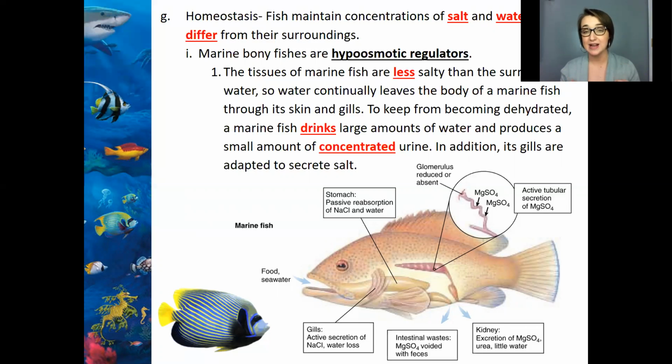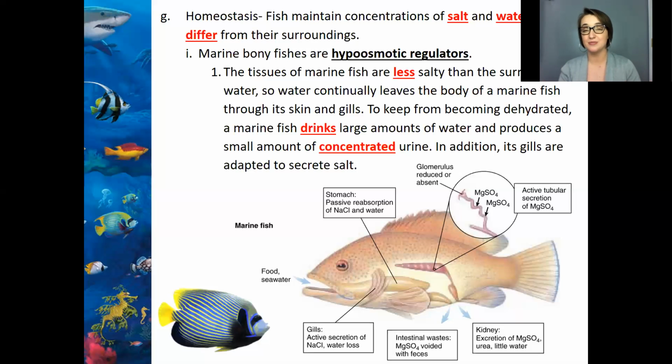They'll actually secrete all that excess water and salt back out into the ocean so that they are staying a lot less salty than the water they're actually swimming in. This keeps them from becoming dehydrated. Of course, we all know if you drink too much salt water, you become dehydrated. So this allows them to take in water and then get rid of that salt so they can drink without taking in large amounts of sodium.